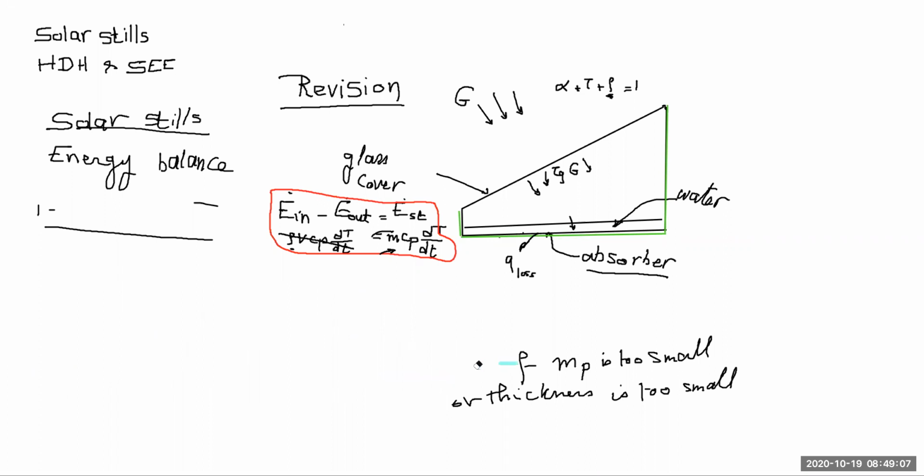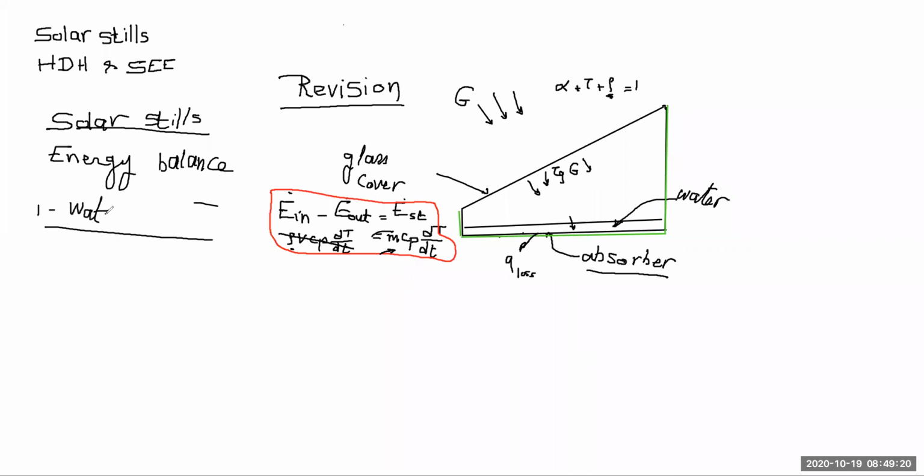What kinds of energy in are going to the water? We have water, which is stagnant there, which is this layer. This layer is receiving energy from the solar radiation which is coming.